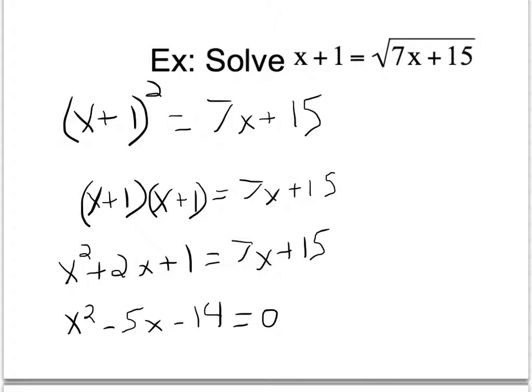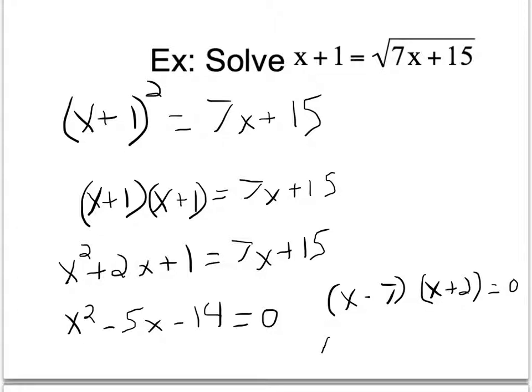So now in this case I can factor, right? So what multiplies to negative 14 and adds to negative 5? And I'm going to have (x minus 7) and (x plus 2). And now I'm going to have that equal 0.